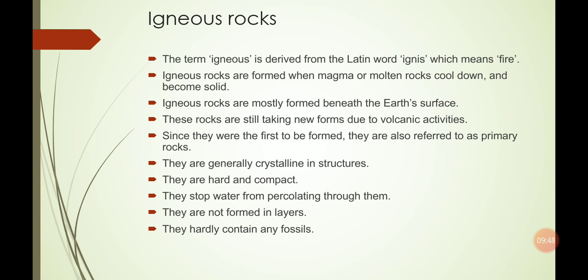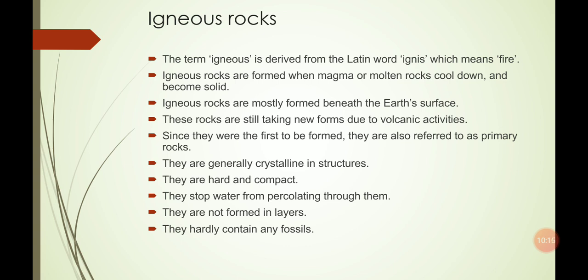The rocks that are formed with the help of temperature and fire are known as igneous rock. So how does it form? I had explained, when magma comes out through the vent and it gets cooled down and solidifies, then it becomes igneous rock.